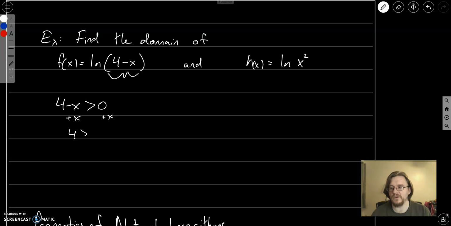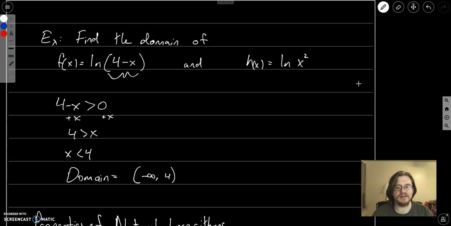So we can see that 4 has to be bigger than x. Or instead of saying 4 is bigger than x, x is less than 4. It's the same thing, I've just written it in a different way. So the domain of this function is going to be all the numbers that are less than 4, so from negative infinity up to 4. Again, I can't plug in 0, so I don't want to include 4. I can't include that endpoint.